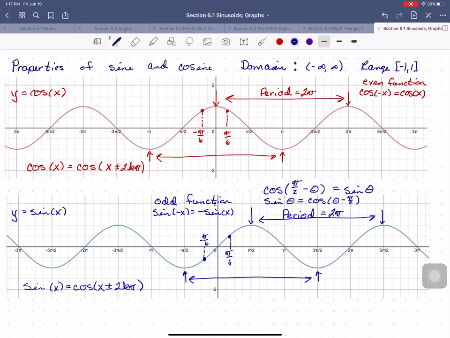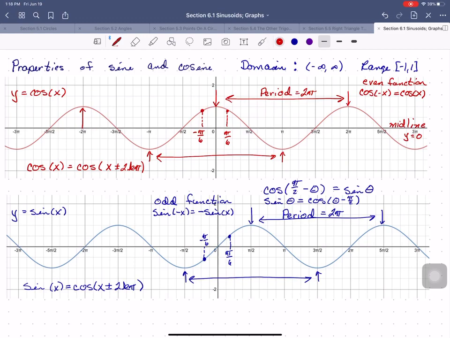I almost forgot. The line around which this curve oscillates is called the midline. For a natural sine and cosine, the midline is, of course, the line y equals 0, and the midline is a line.